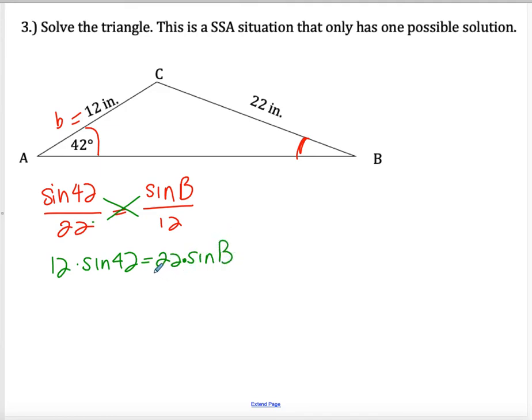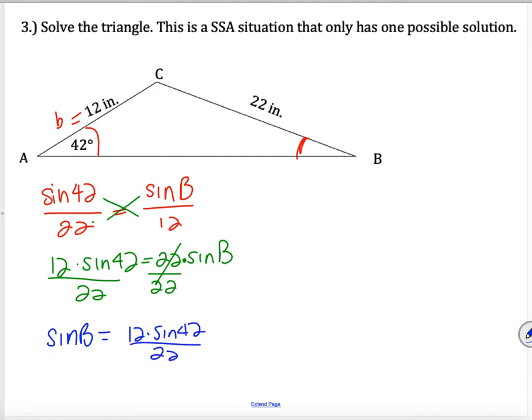How do I get rid of 22? Divide. So I divide the 22 over, so it's gone. So I have sine of B right now is equal to 12 times the sine of 42 divided by 22.